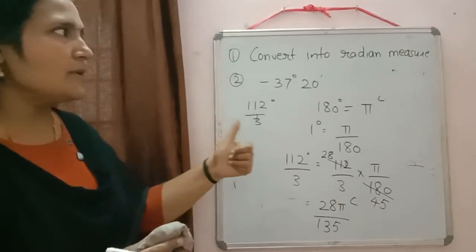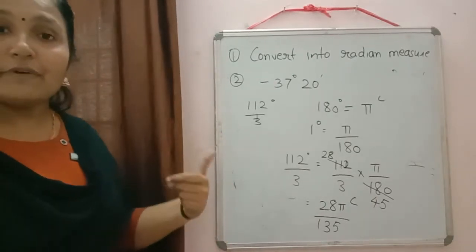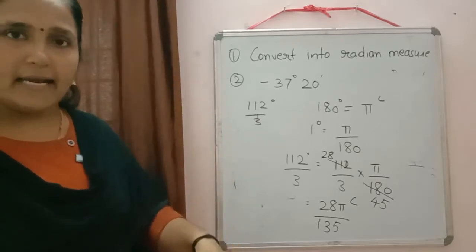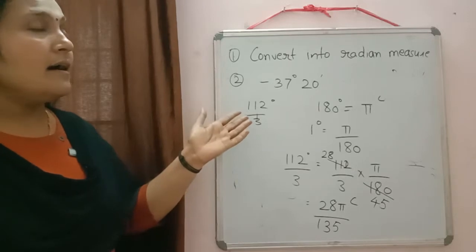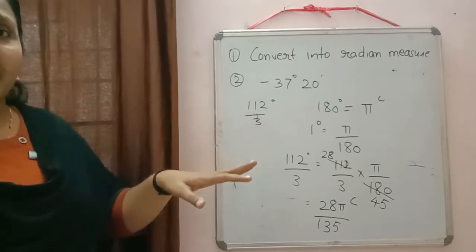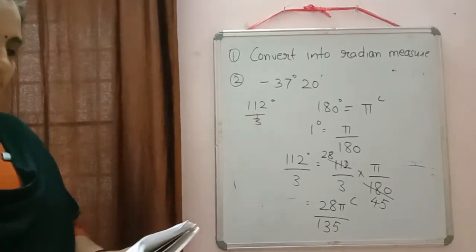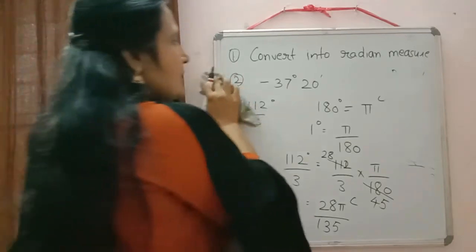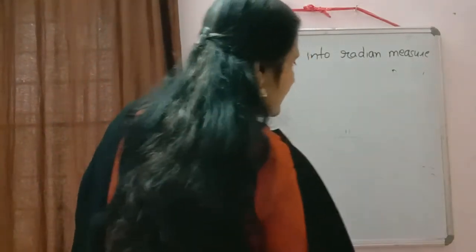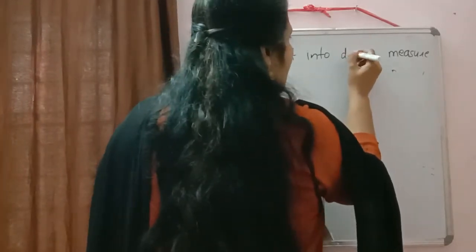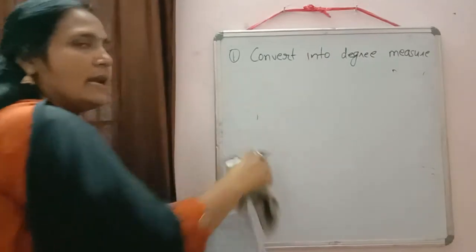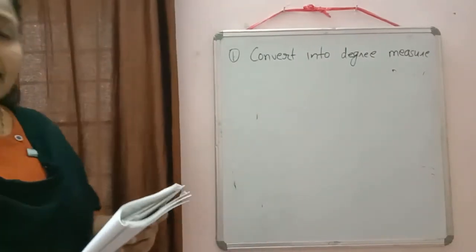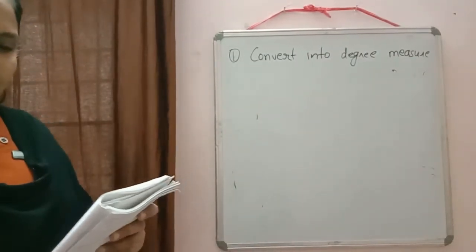So I think this one is clear to you, how to convert degree into radian. Next we will do how to convert radian into degree. So write down, the second question is convert into degree measure. Now it will be given in radian and we'll convert it into degree.